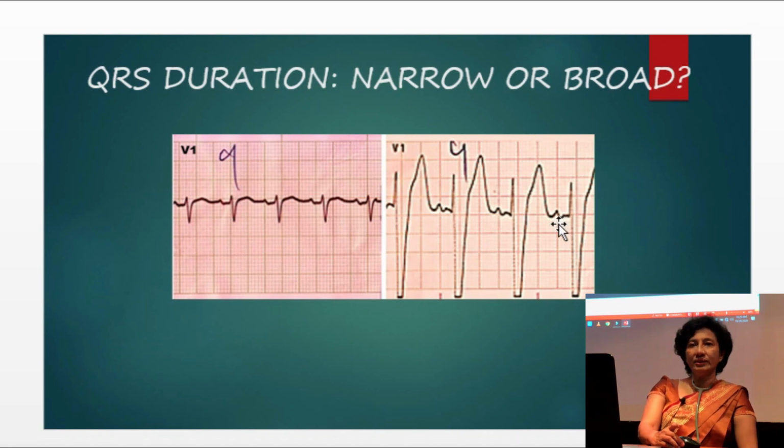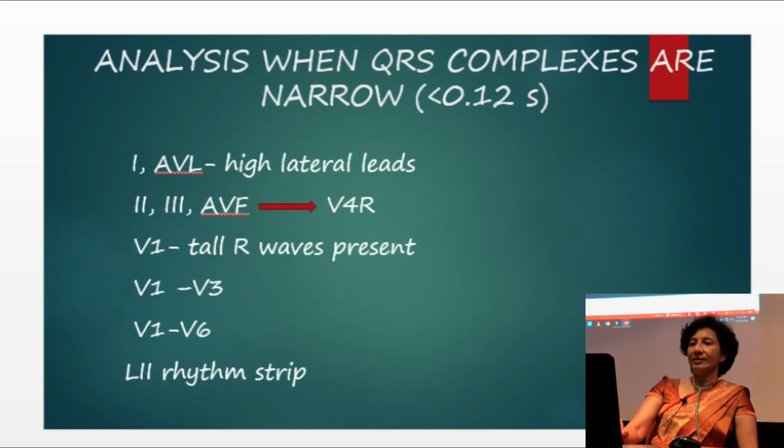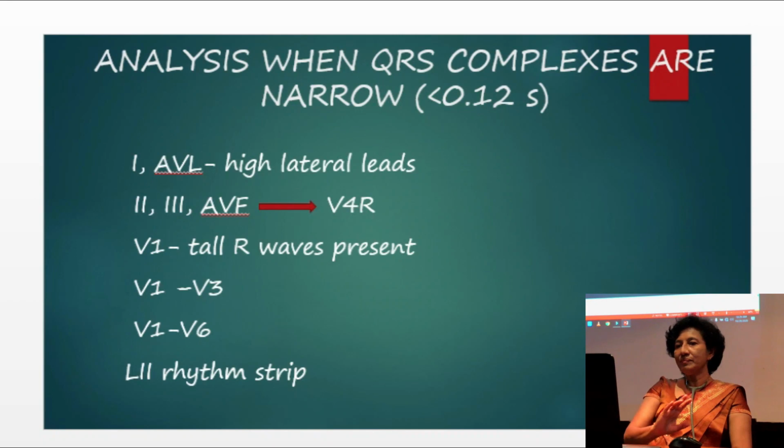The best lead to calculate the QRS duration is lead V1. So these are narrow QRS complexes, these are broad QRS complexes. If QRS complexes are narrow, that means QRS duration is less than 0.12 seconds, less than 3 small squares.